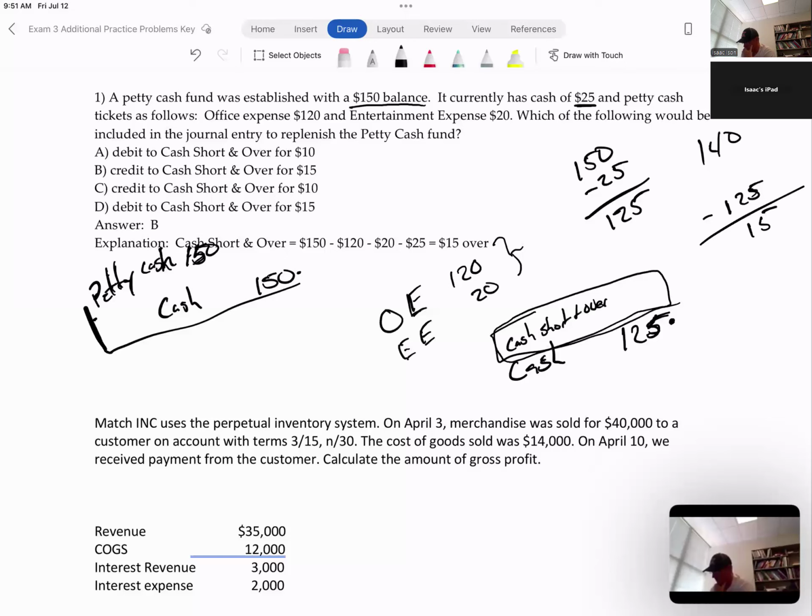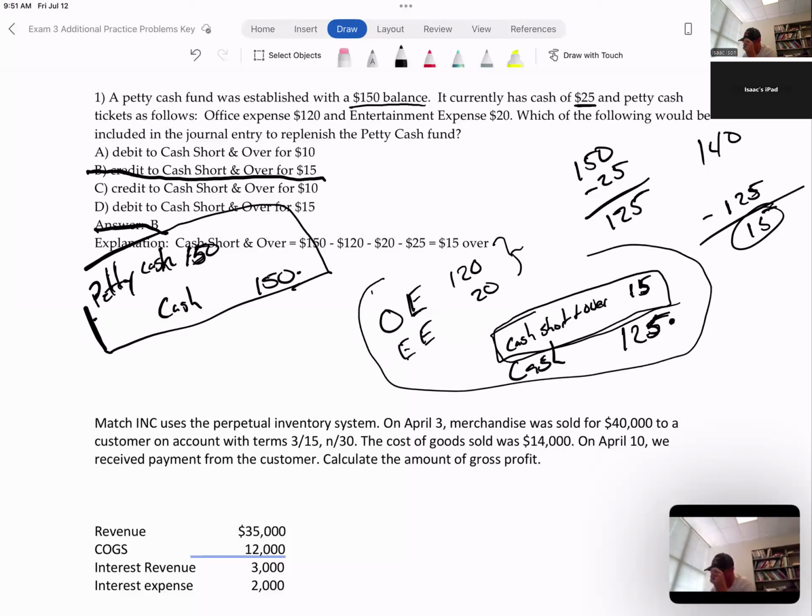That is what your cash short is, 15. So to answer this question, the correct answer is B, because you're crediting cash short and over. On the test, you'll need to make sure you can do this journal entry and this journal entry here. So hopefully you have that down. Pretty straightforward.